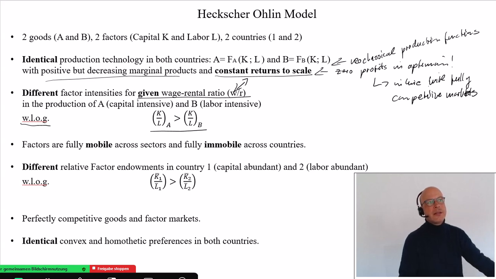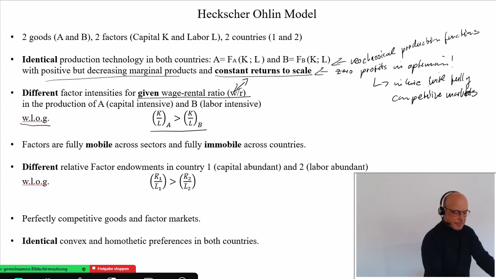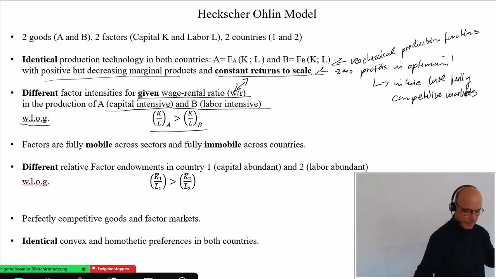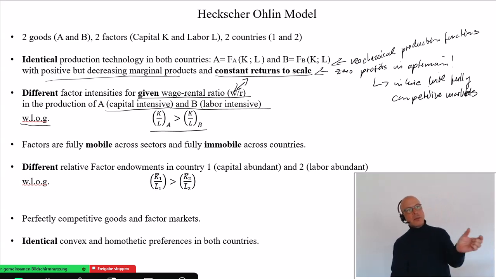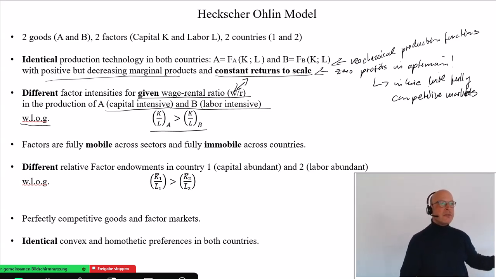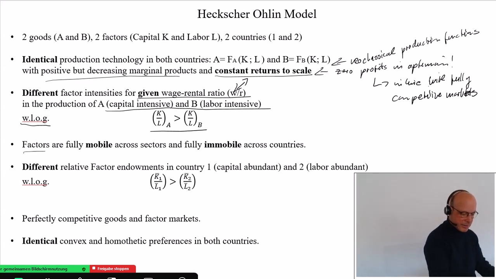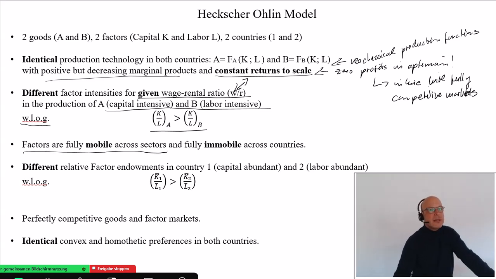Compare here this with the Ricardo model. This means that product B is produced labor intensive. And now we assume, as we have assumed in the specific factor models for labor, for the non-specific factor, that factors are fully mobile between sectors.